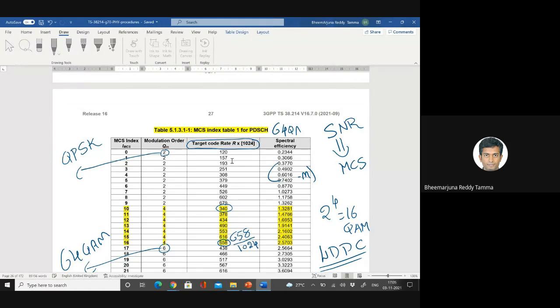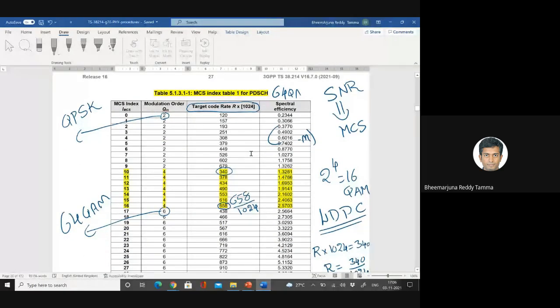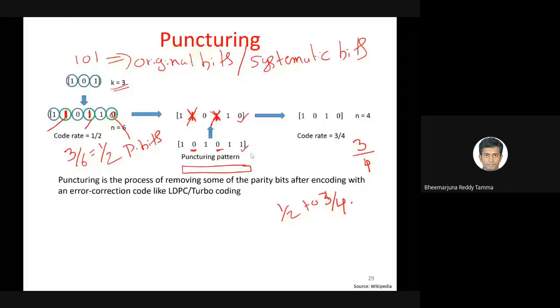There you can get better spectral efficiency because you are able to put more and more bits in a given code block that you are transmitting over the air. And the third table is used for highly reliable applications like URLLC use cases. So that's the relation between what I'm showing here.